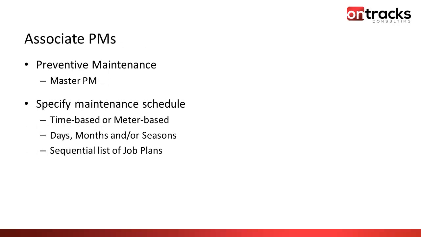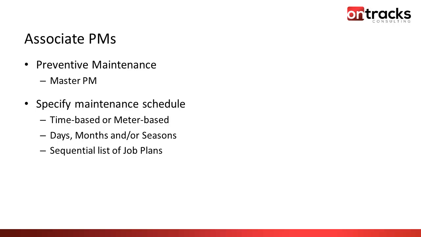For associating preventative maintenance details, from the PM tab on the asset template, you will see that we can identify a master PM record to that asset template that will then be applied to any new or existing asset records. The master PM record must be created prior to associating the asset template, and that master PM can either be time-based or meter-based. You're able to specify any specific days of the week that that PM would be generated.